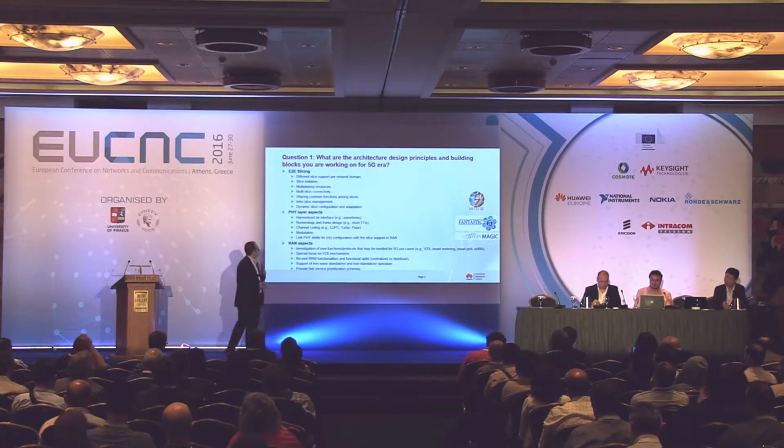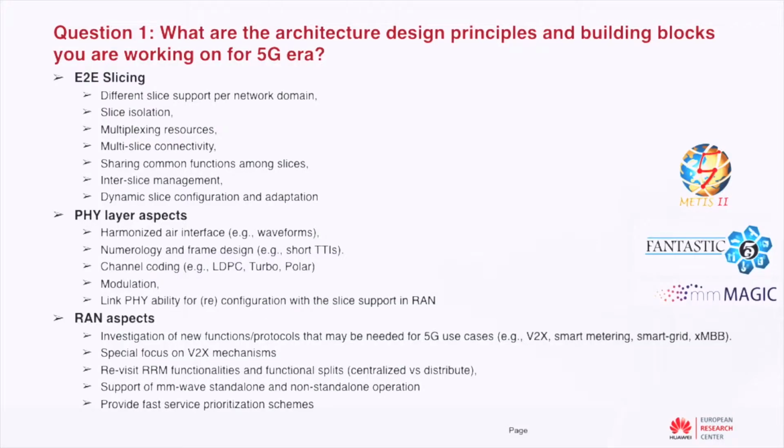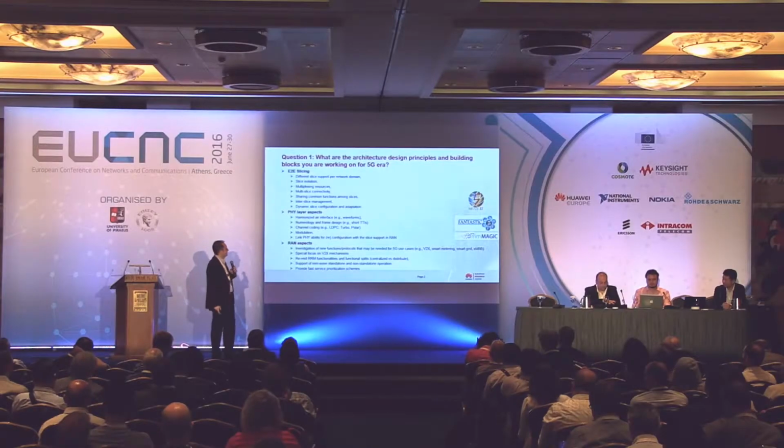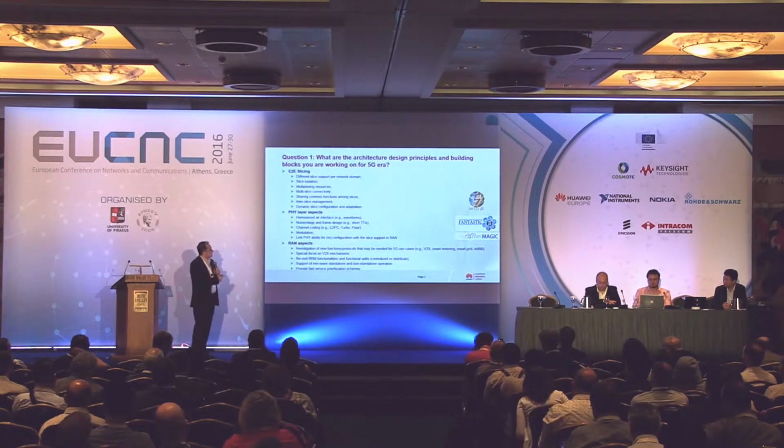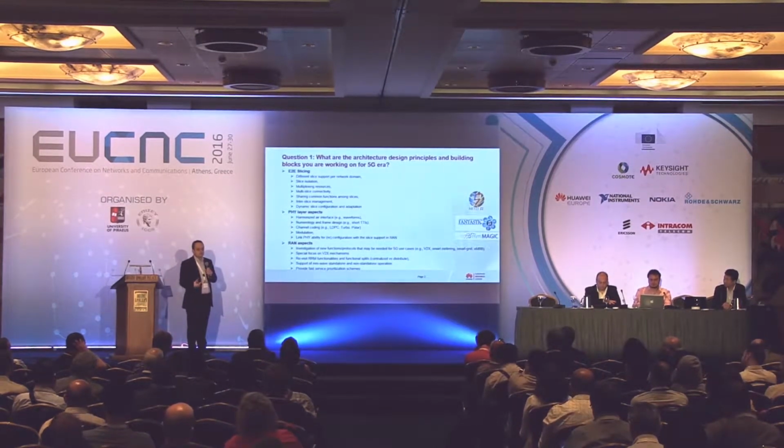Or other topics like having one terminal being connected to multiple slices. How will this affect the implementation of the UE? And what is the implication on the core network? Can we take this into consideration to help us improve the control functions on the core network side if you have terminals connected at the same time to multiple slices? Can we share functions and protocols between the different slices?